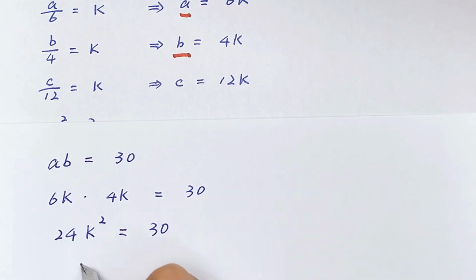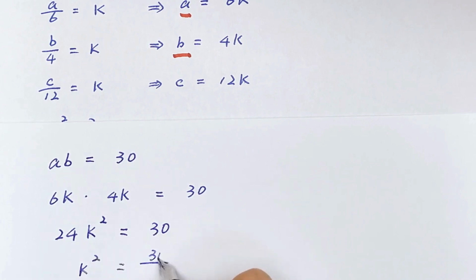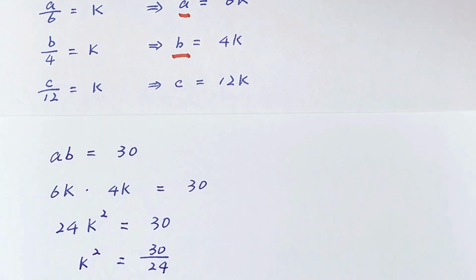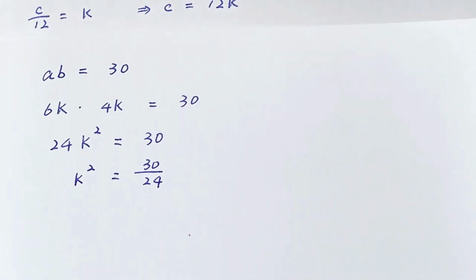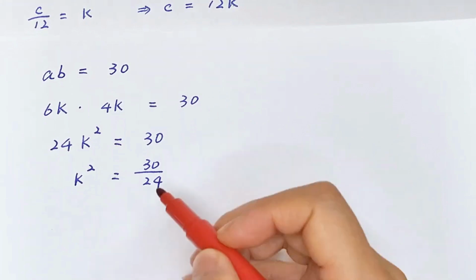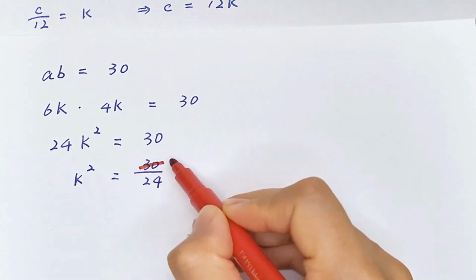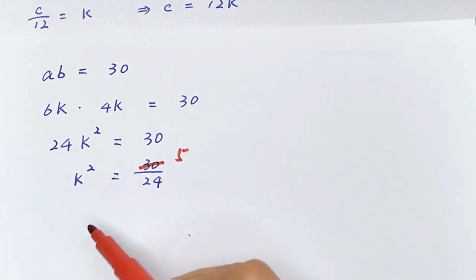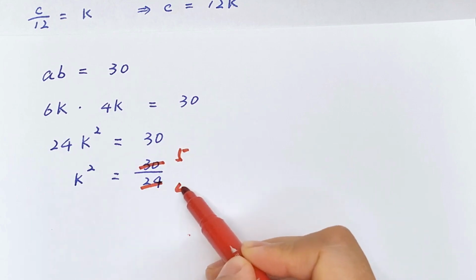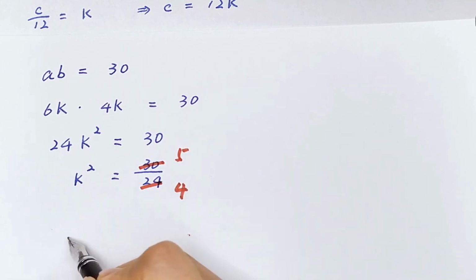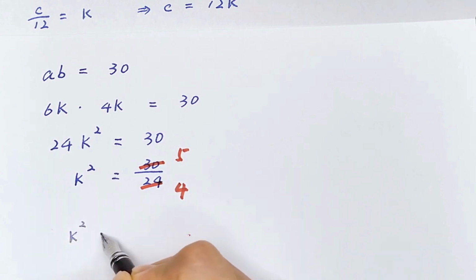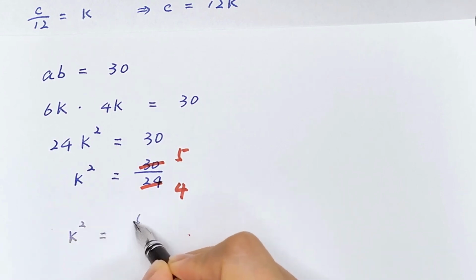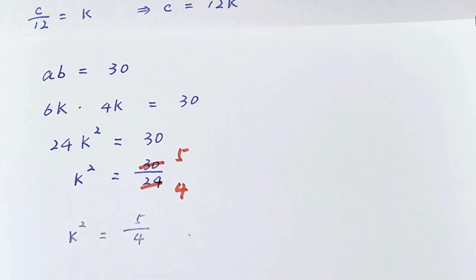Then divide by 24 in both sides. Then to simplify here, by 6 is 5, by 6 is 4. So K squared is equal to 5 over 4.